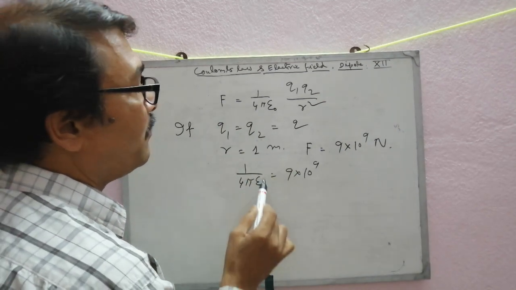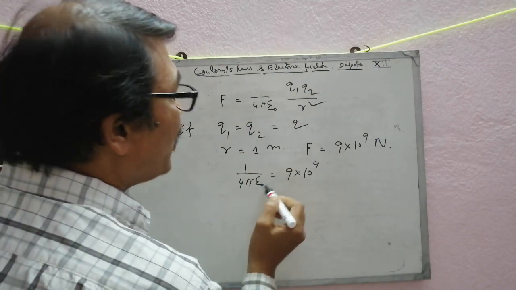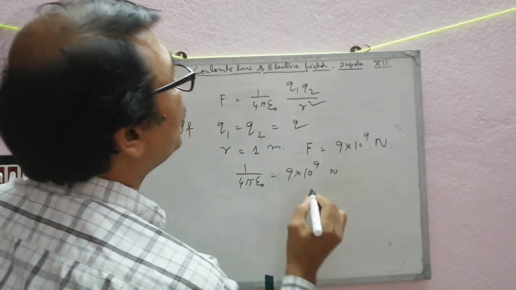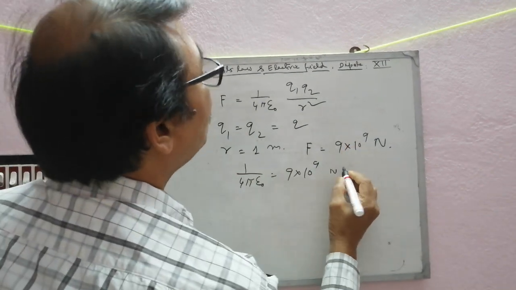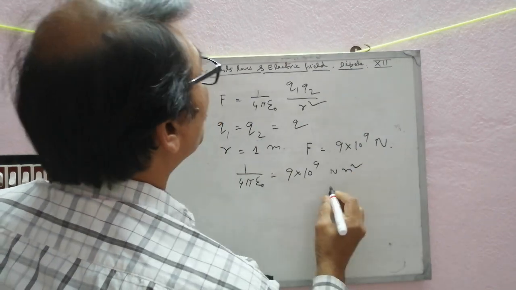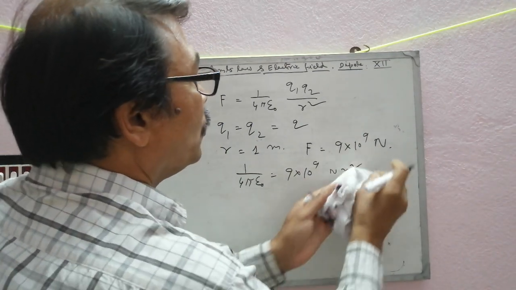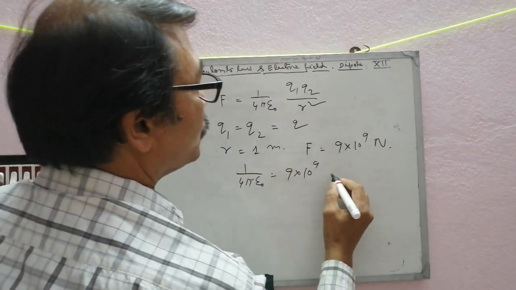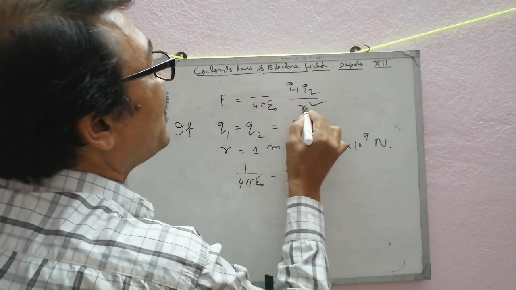If we put here the value, we get 9 into 10 to the power 9, the unit of 1 by 4 pi epsilon.